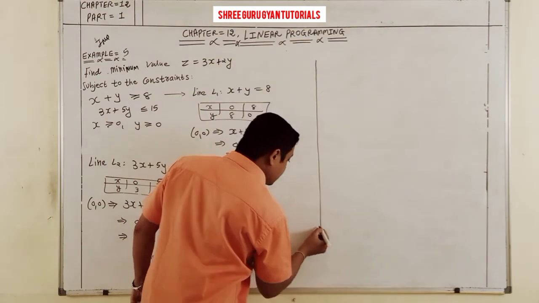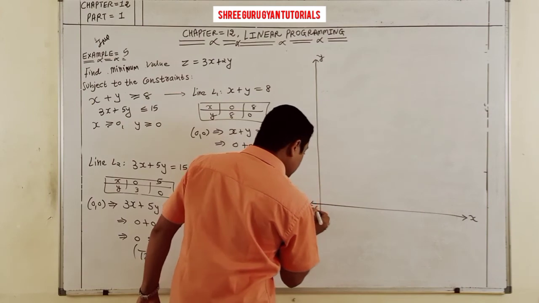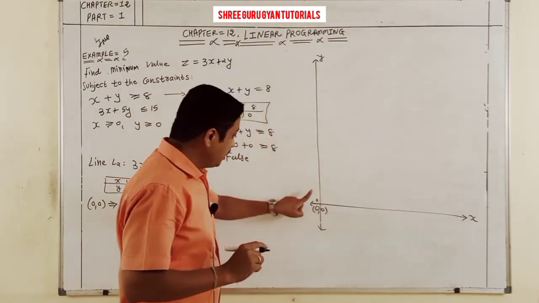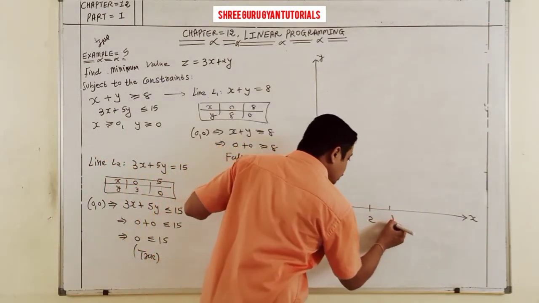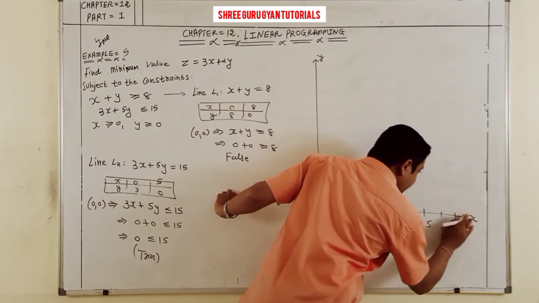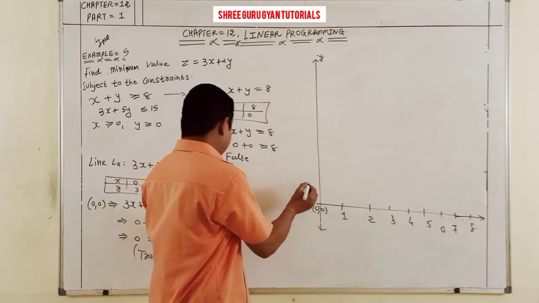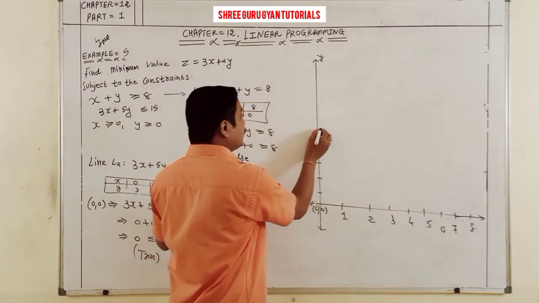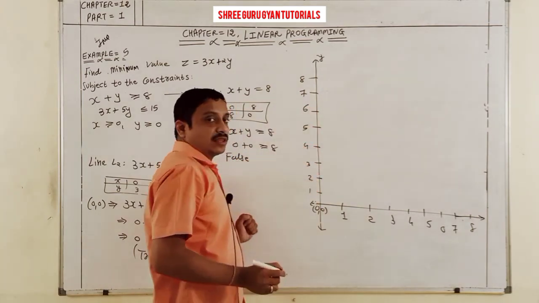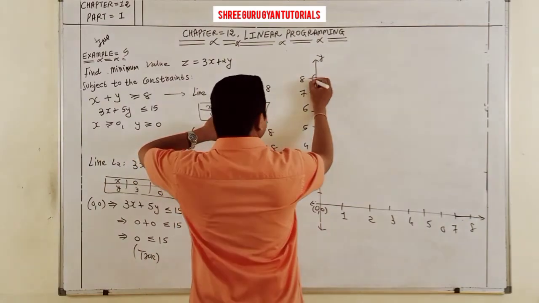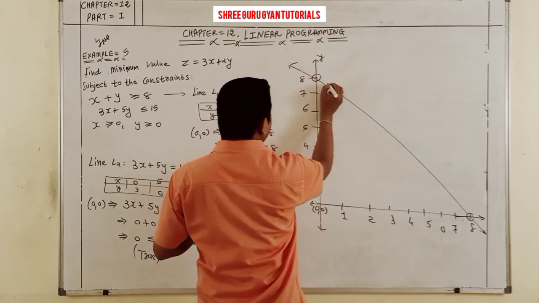Now finally I will show my graph on the x-axis and here the origin O. The x-axis has a maximum of 8, 1 2 3 4 5 6 7 and 8, and the y-axis also 8, 1 2 3 4 5 6 7 8. Now the values (0, 8) and (8, 0) match, and that's your line L1.